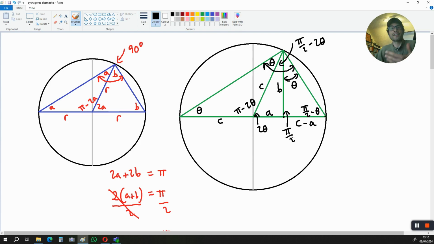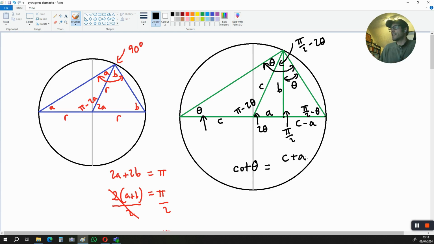Now, with all this information over here, it's going to be fairly straightforward to come up with the alternative proof for Pythagoras' theorem. Next we're going to use cot theta to come up with the proof. So we have cot theta, which is 1 over tan theta, is actually going to be adjacent over the opposite side. So we're using this theta over here to come up with this cot theta, and that's going to be adjacent over the opposite side.